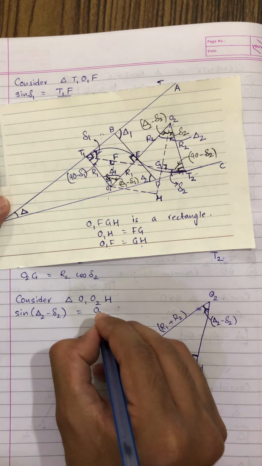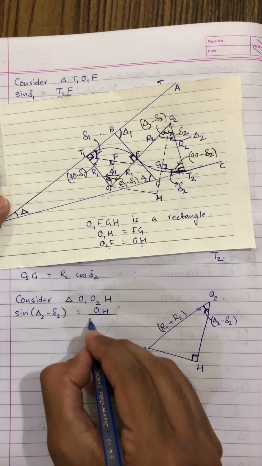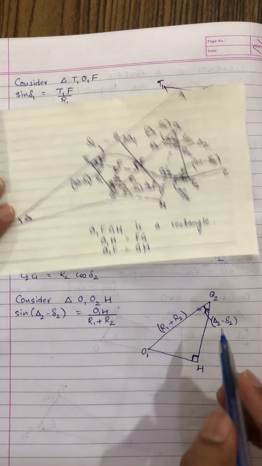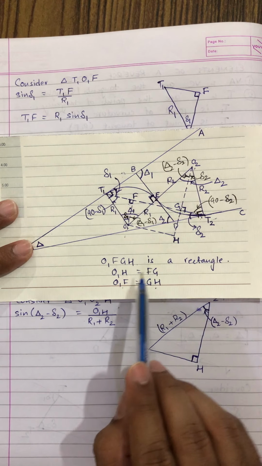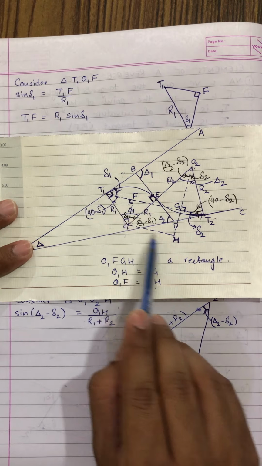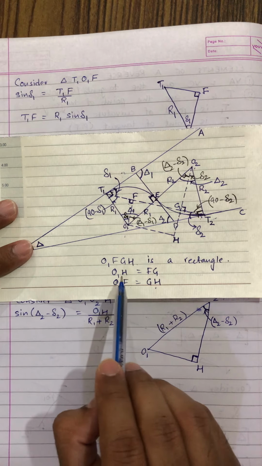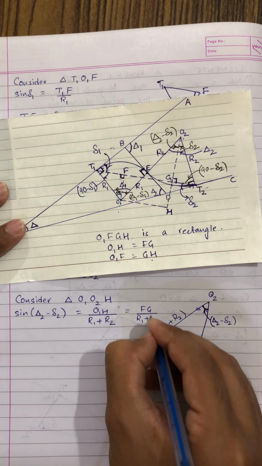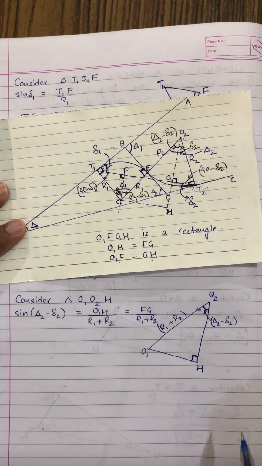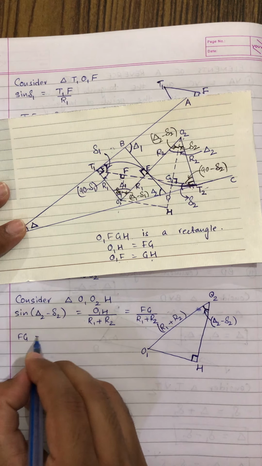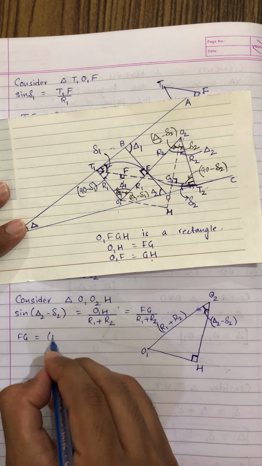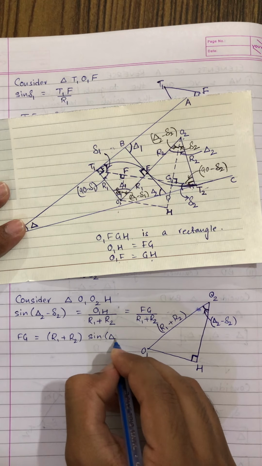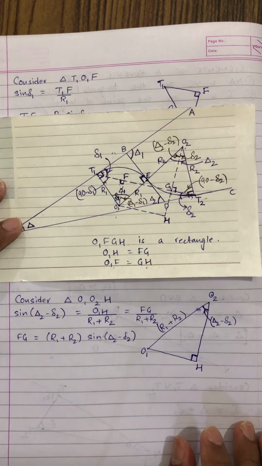Opposite is O1H and hypotenuse is R1 plus R2. But O1H is equal to FG because it is a rectangle. So we can write FG upon R1 plus R2. So FG will be equal to R1 plus R2 into sine of delta 2 minus del 2.